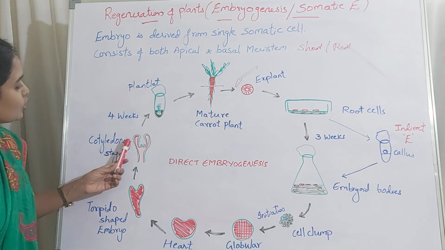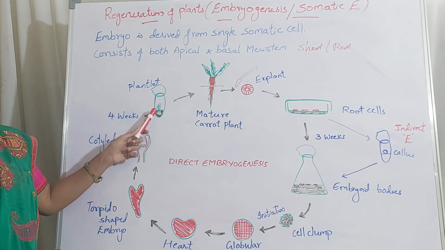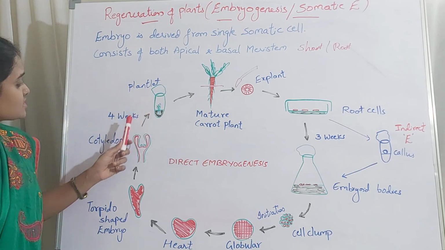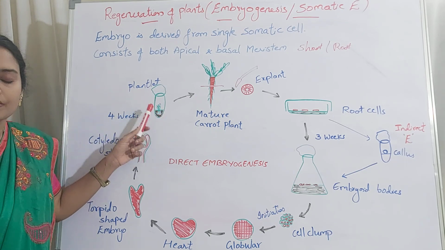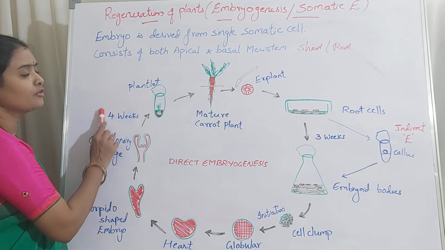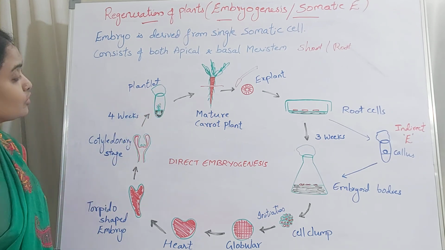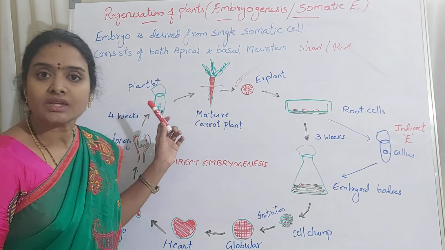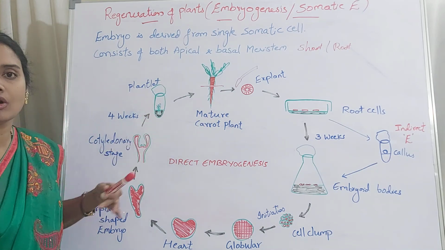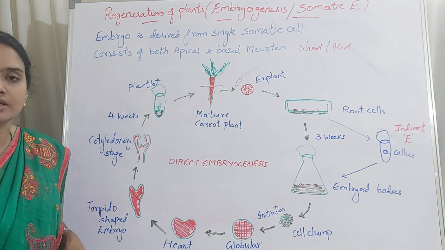From these cotyledons, within 4 weeks, the shoot can be observed. Then it is transferred into the shooting media, followed by rooting media. Here you can see within 4 weeks, a complete plantlet is formed. Now this plantlet is allowed for acclimatization or hardening in the greenhouse.